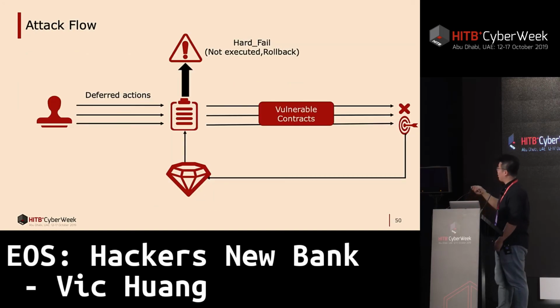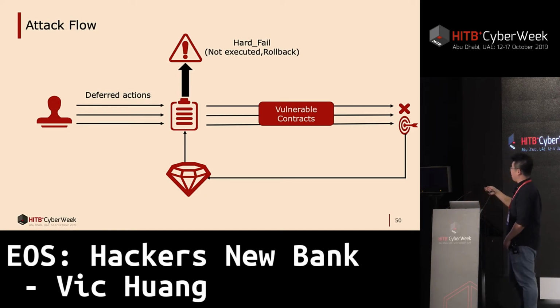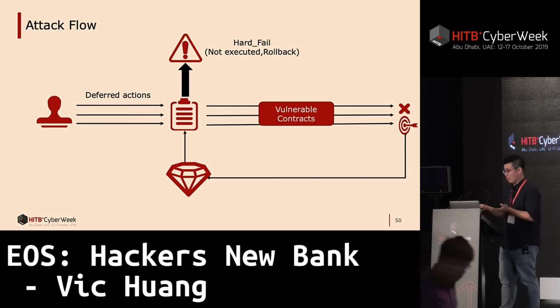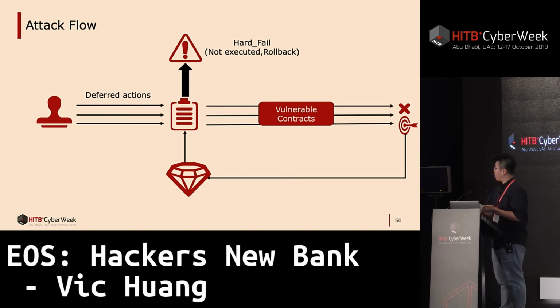So how do we use the hard fail to carry out the attack? Some contracts said, okay, there are a lot of inline action attacks, so we force you to use deferred actions to transfer the bet money. Here's an example.